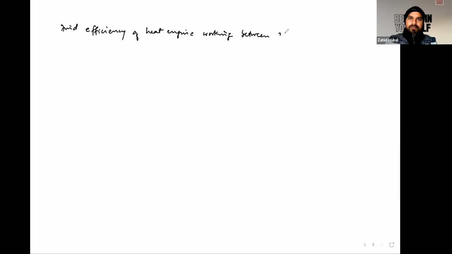Now, related to this part, you will be asked to find the efficiency of a heat engine working between 27 degrees Celsius and 127 degrees Celsius.